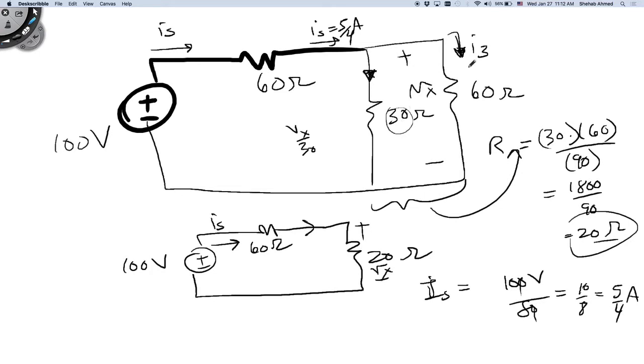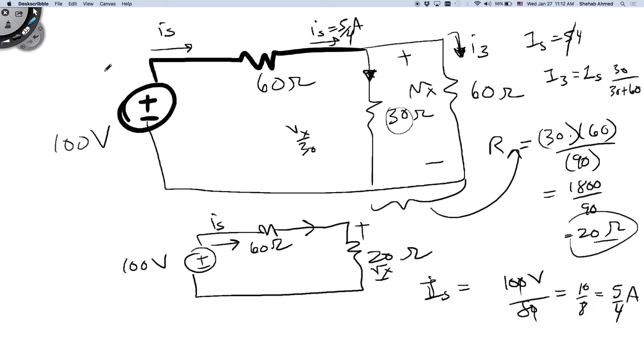Or, since I only need I3, I can take my Is, which is 5 over 4, and I3 is a ratio of Is, depending on the impedance of the other branch sucking the current out of the source. So it's Is multiplied by 30 divided by 30 plus 60.